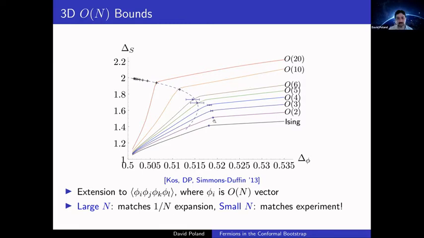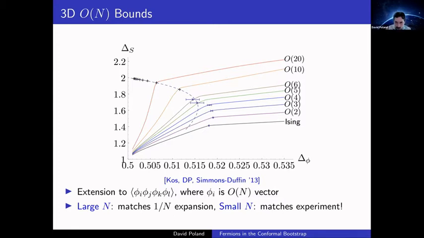Going down to small values of n, you see some error bars here. Those are showing the best, or at least at the time, the best available Monte Carlo or experimental data for those universality classes. So you can see that there was nice agreement. Maybe something funny was going on with the O(5) and O(6) models, which we haven't really returned to yet. Okay, so you can get these kinks again.